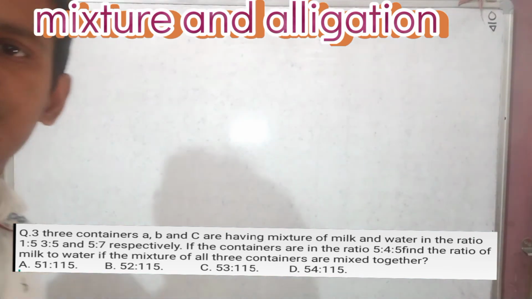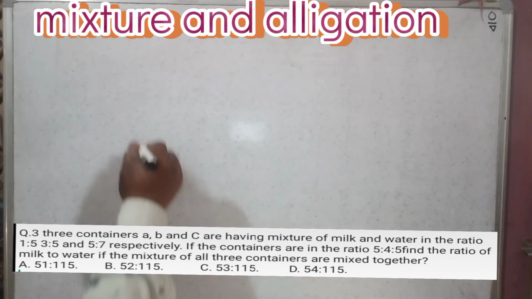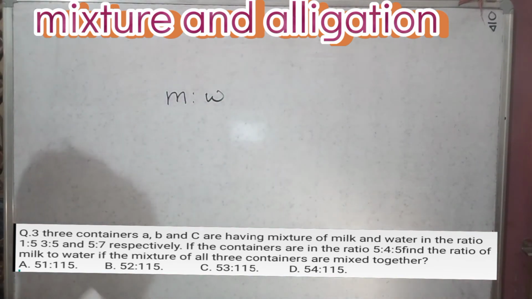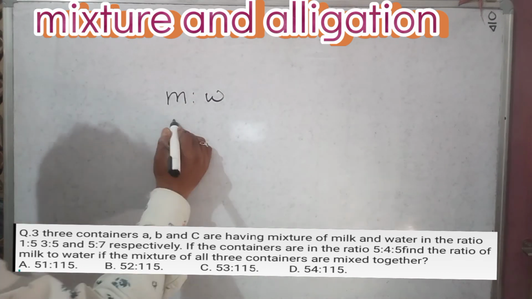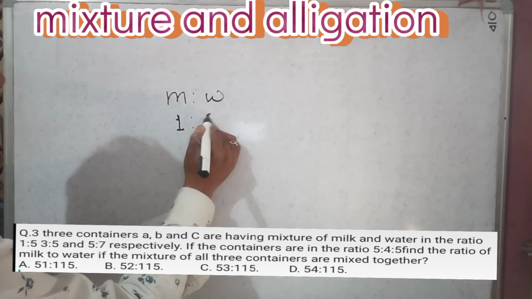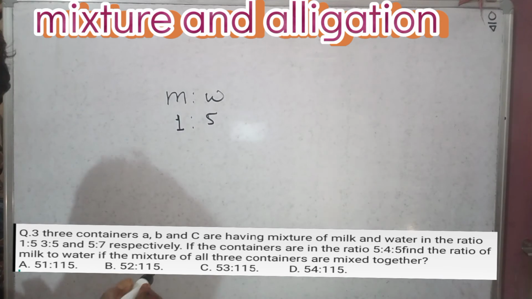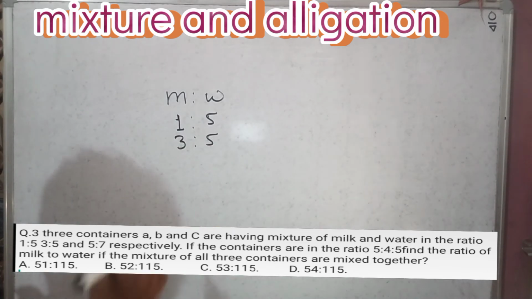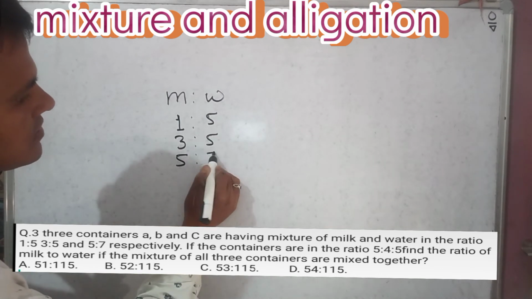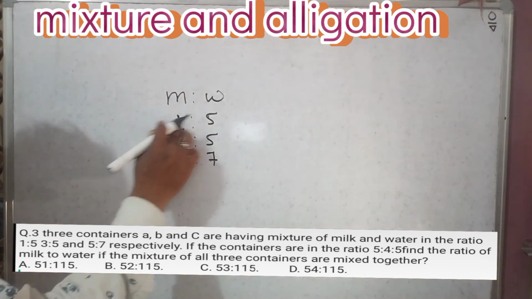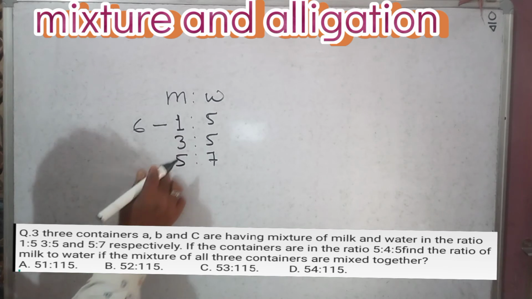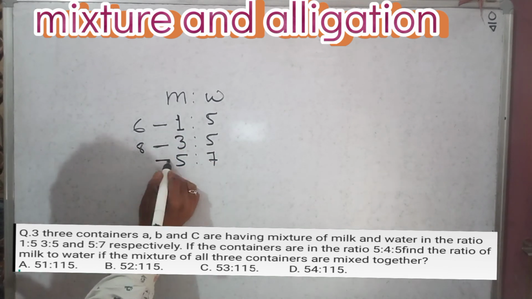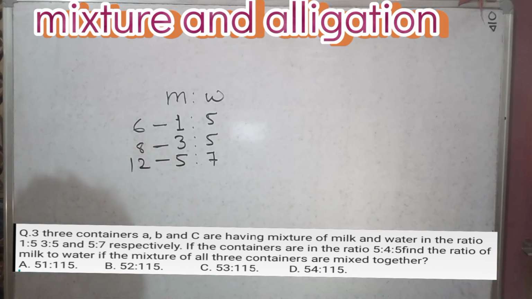Now see here, the milk and water ratio is 1 is to 5 in the first container, second container 3 is to 5 and third container 5 is to 7. 1 plus 5 is 6, 3 plus 5 is 8 parts, 5 plus 7 is 12 parts.